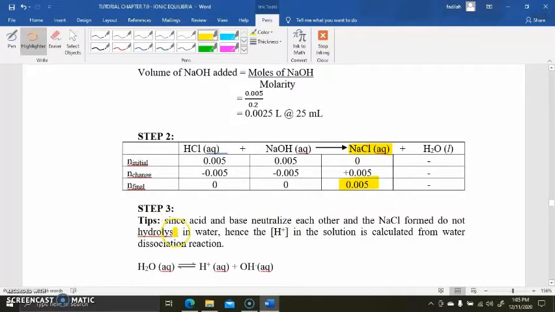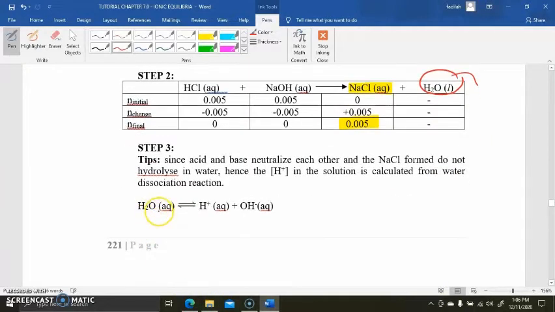Since acid and base neutralize each other and NaCl formed does not hydrolyze in water, so concentration H+ in the solution right now is calculated from water dissociation reaction. NaCl awak belajar, dia neutral salt, dia tak akan undergo hydrolysis. So, sekarang ni hanya H2O sahaja yang kita boleh guna untuk kita cari pH. So that's why ini adalah water dissociation.